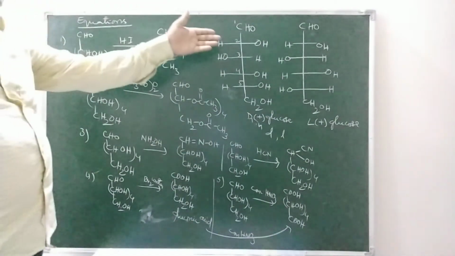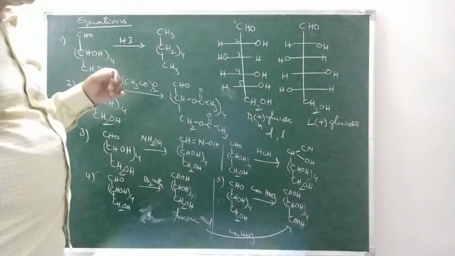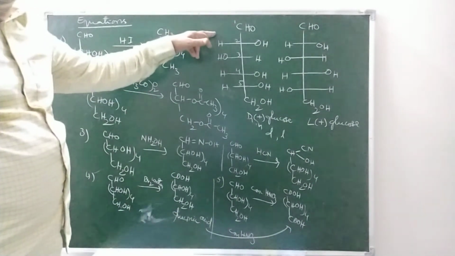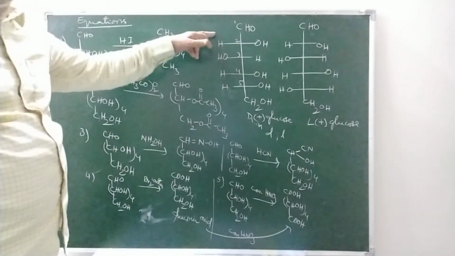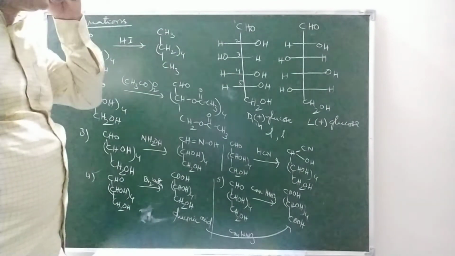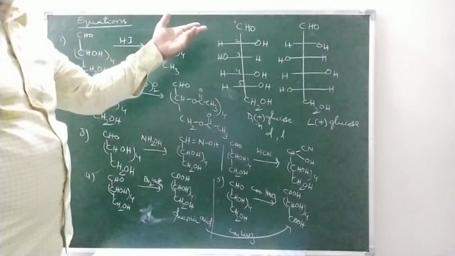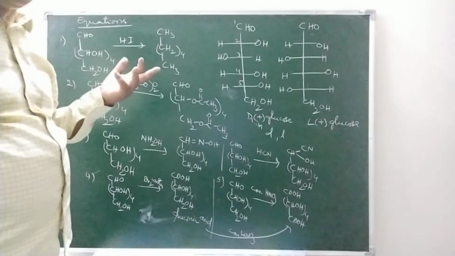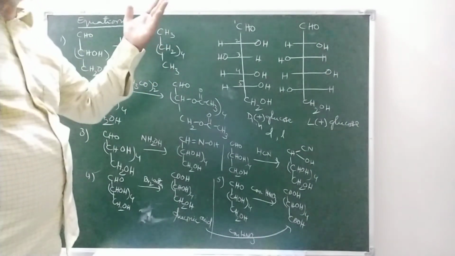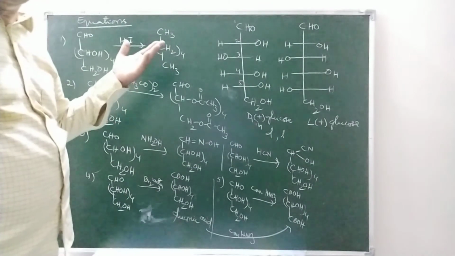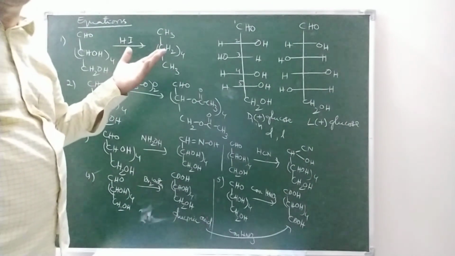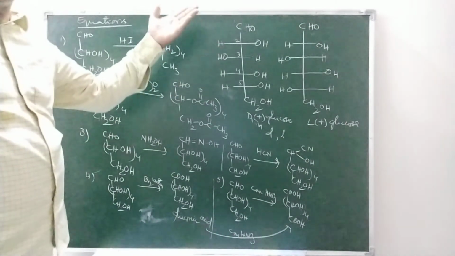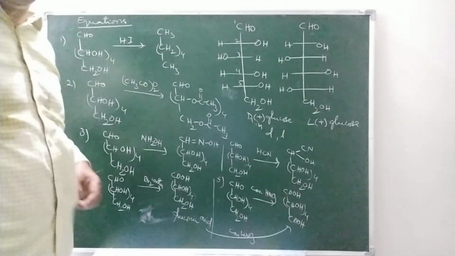If this is the structure of glucose, then it can reduce Tollens reagent but it cannot reduce Schiff's reagent. Why? That is one question. And the second question is, aldehydes give addition reactions with sodium bisulfite and ammonia, but glucose cannot react with sodium bisulfite and ammonia.